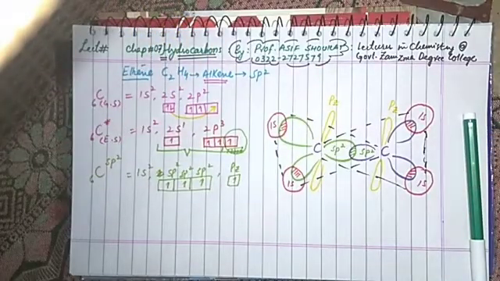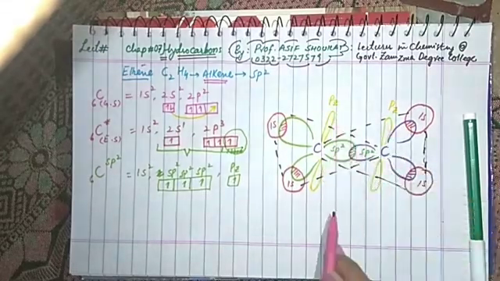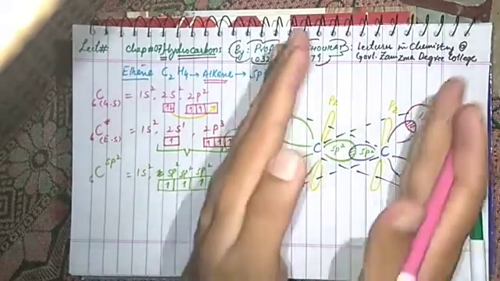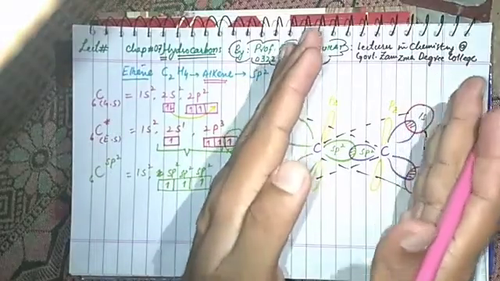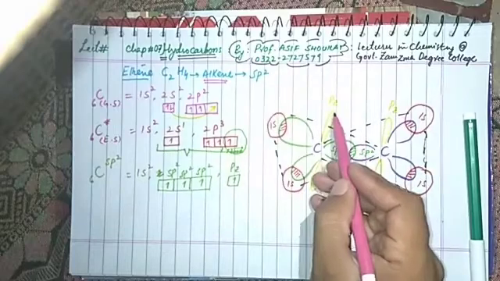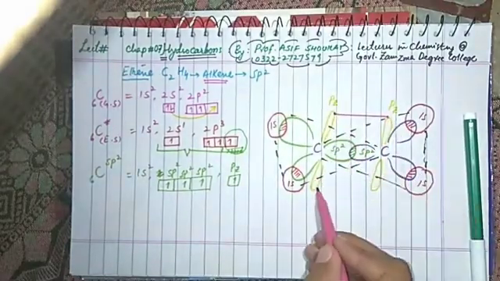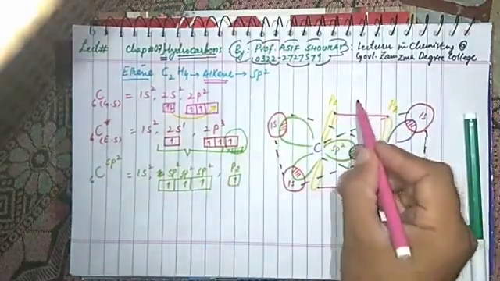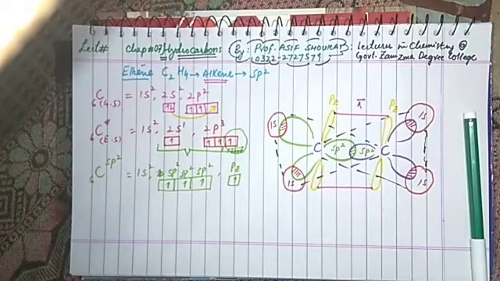The interesting information is now, what about these 2 pz orbitals? These are actually parallel. When parallel orbitals overlap, they make 1 pi bond. This one is pi bond. So it is all about the hybrid orbital structure of ethene molecule.